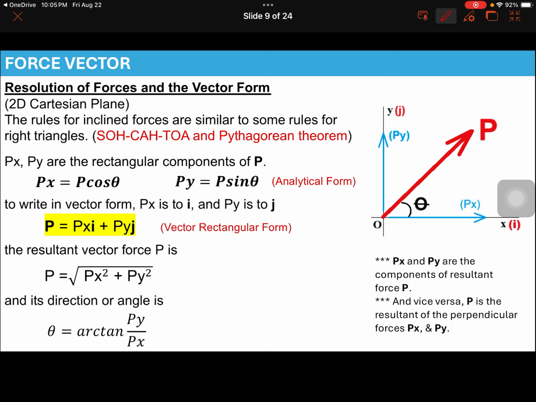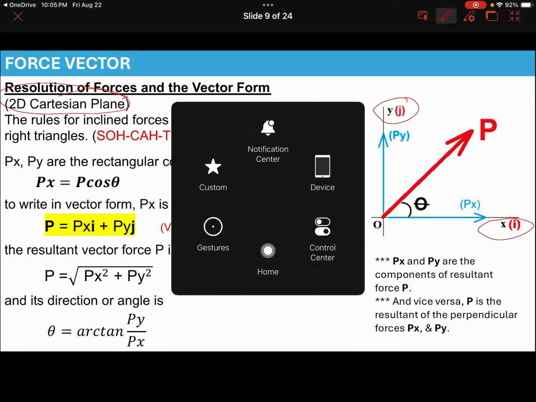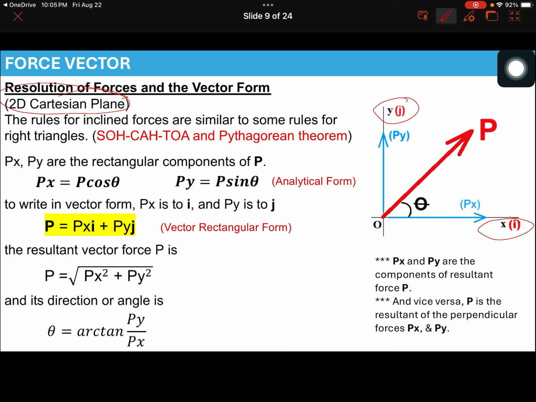So, next, kapag inclined ang forces, pwede natin i-decompose into its x and y components. So, sa 2D forces muna tayo. So, 2D forces, so they only lie in a plane. So, usually, syempre, x and y plane lang tayo kapag 2D.